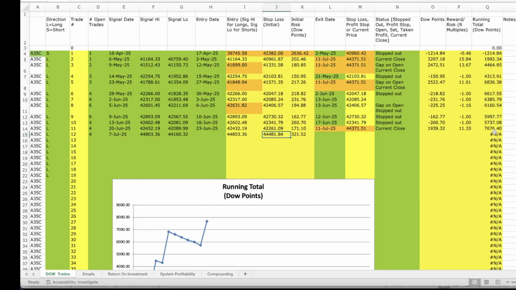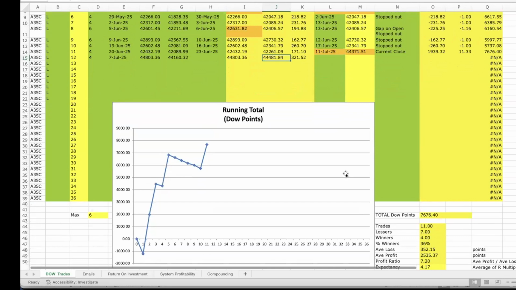Well, from the 16th of April to the 7th of July, now this isn't finished, we made 7,676 Dow points. And if you think of that in terms of $1 a point, then from April to July, we made almost $8,000.